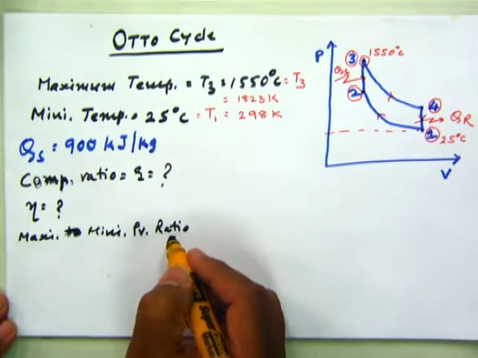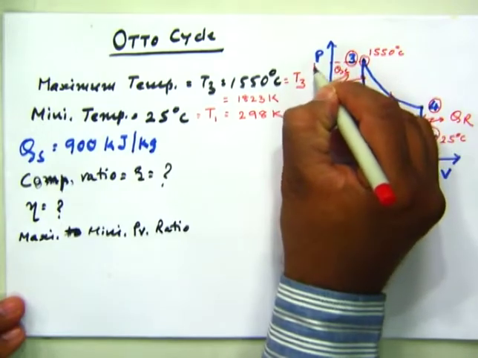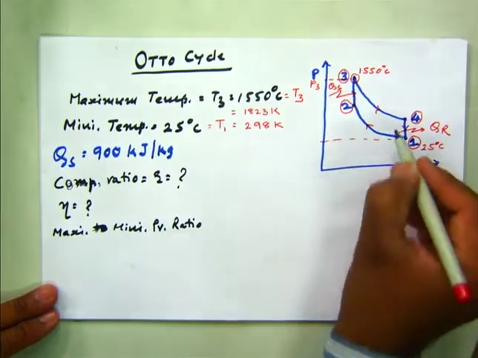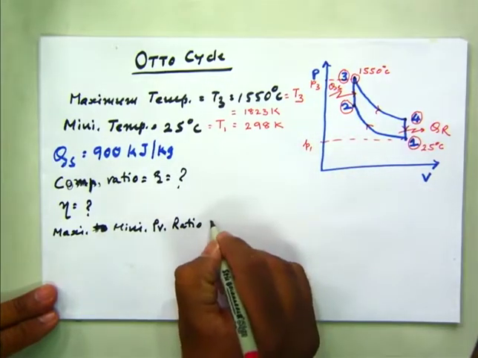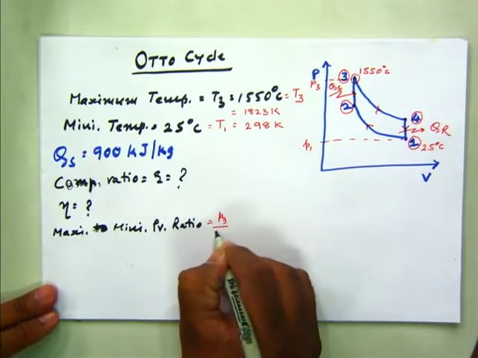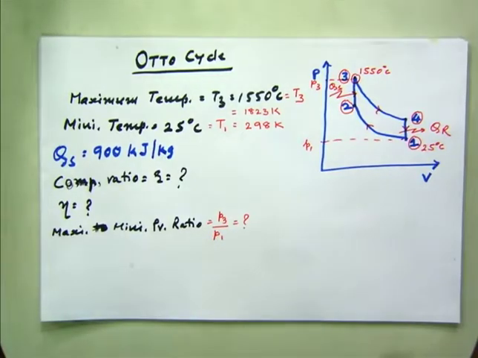What is maximum pressure? Maximum pressure is here, P3. What is minimum pressure? Minimum pressure is here, P1. So maximum to minimum, P3 upon P1. These three we are interested in.